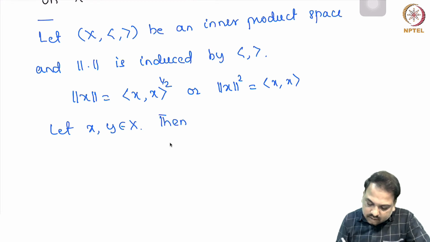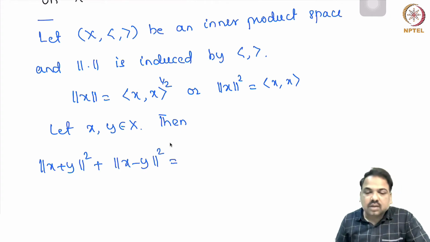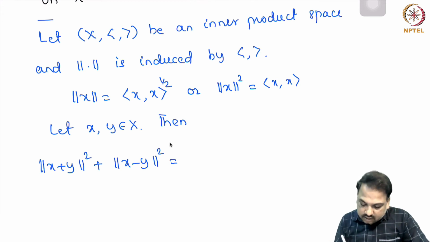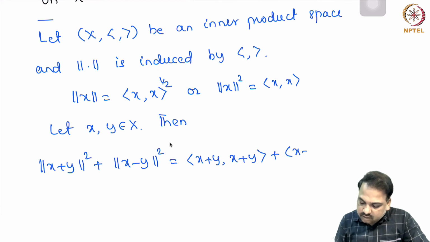Then if you look at norm of X plus Y square plus norm of X minus Y square, this we can write as inner product of X plus Y with itself plus inner product of X minus Y with itself.